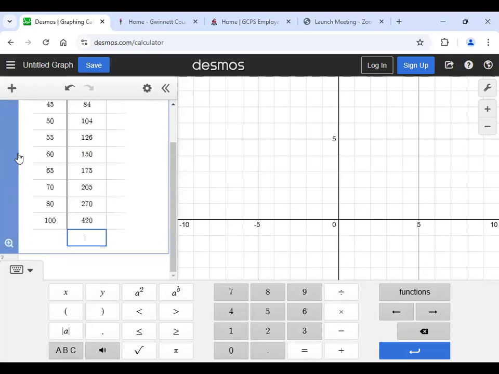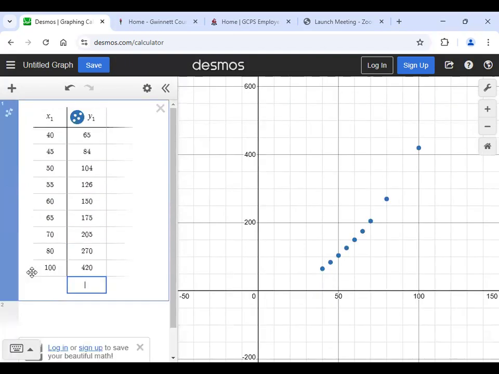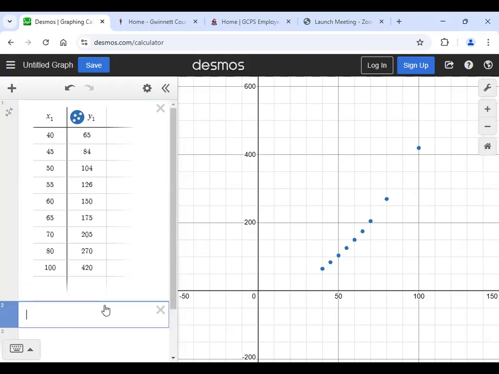Then you can click on the little magnifying glass where it says zoom fit, and zoom in a little bit to see the shape. I'm not sure if it's a quadratic, but the question says quadratic regression, so go with quadratic. Now we just have to know how to type it in: y1, the tilde symbol, ax1 squared plus bx1 plus c.